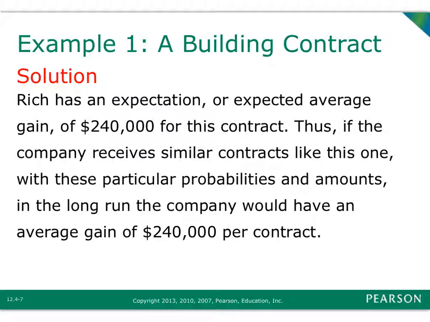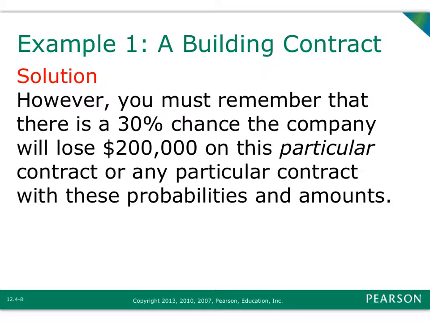It just means over the long run his expectation based on the same conditions would be $240,000. You must remember there's a 30% chance that the company will lose $200,000 on any particular contract with these probability amounts.